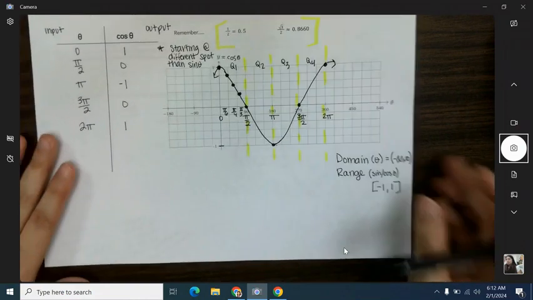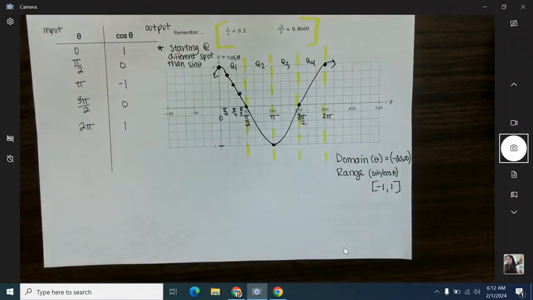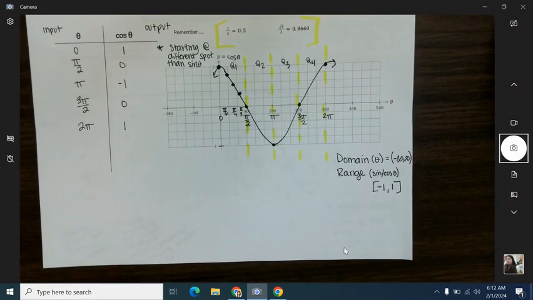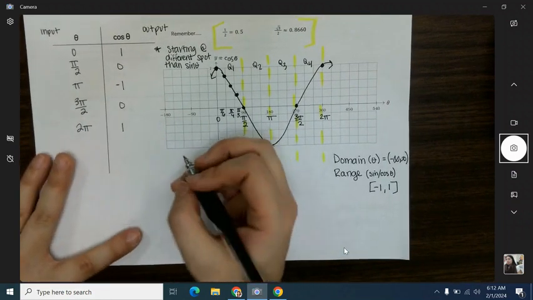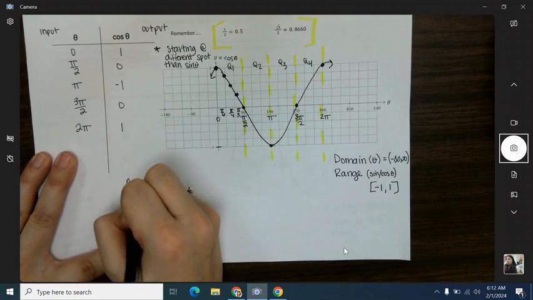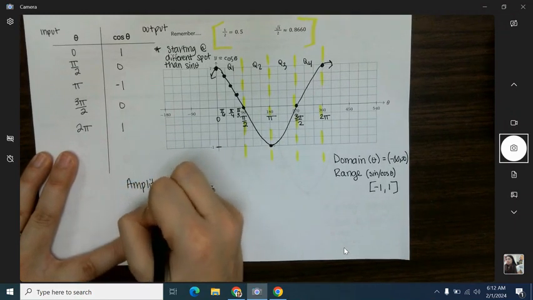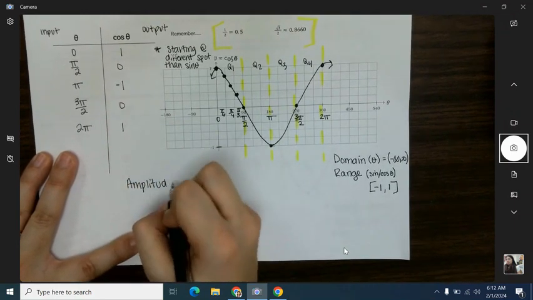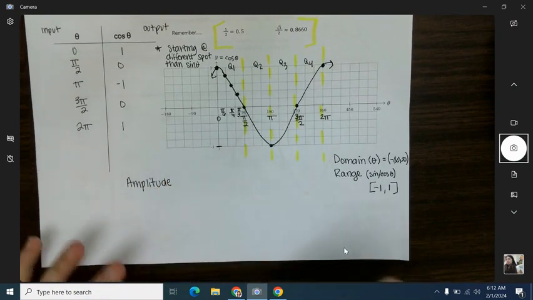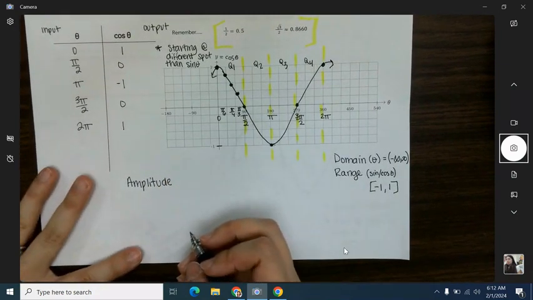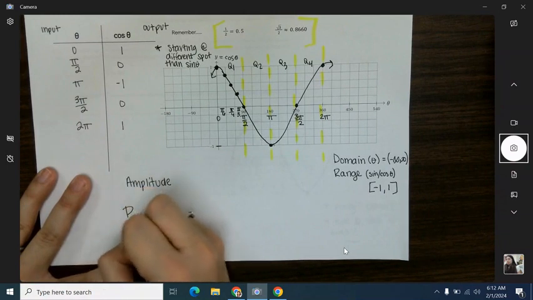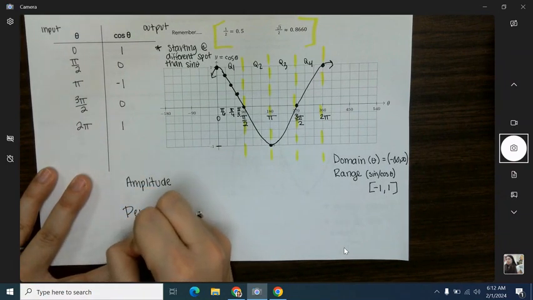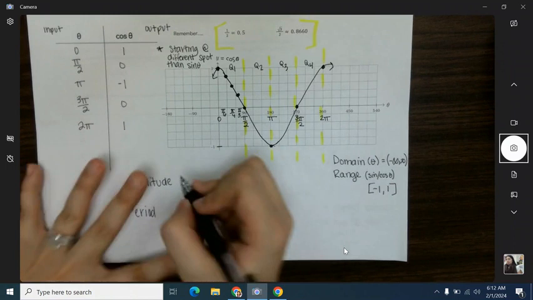Now, some vocabulary words that we are going to talk more about tomorrow when I'm back in class with you guys: we have this word amplitude. And this goes for sine and cosine graphs. I'm just putting this on the back page, okay? And we also have this word period, which refers to the periodic nature of the graph.